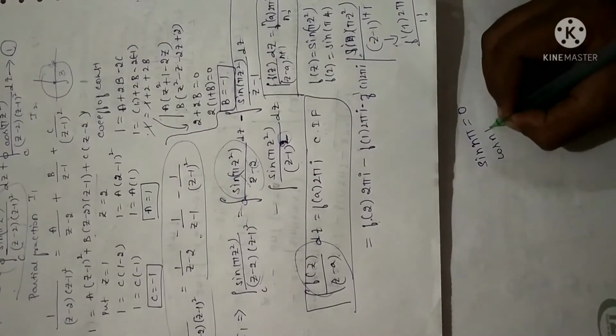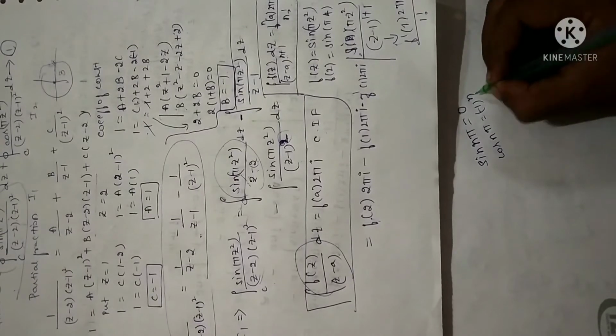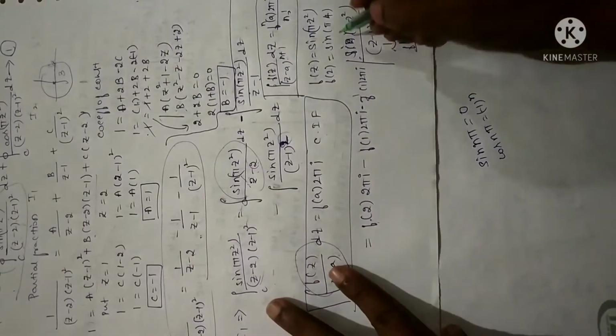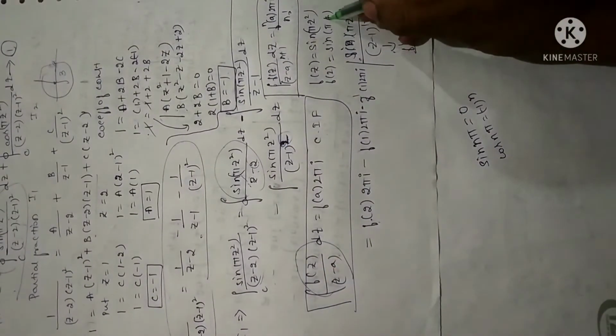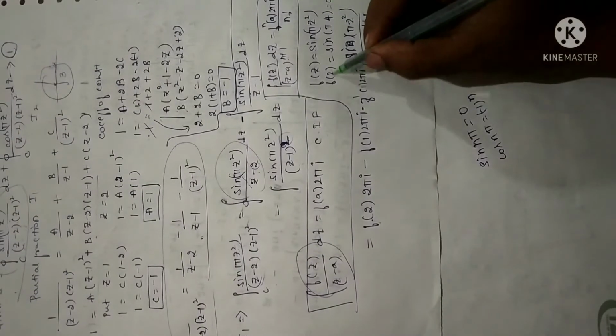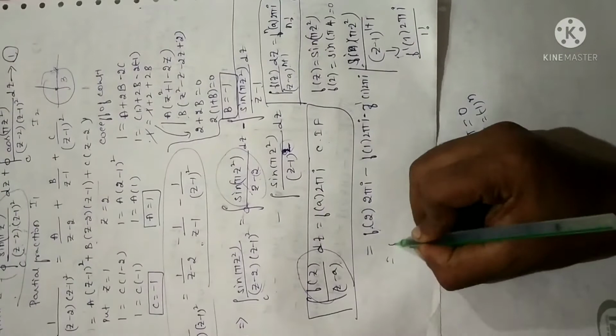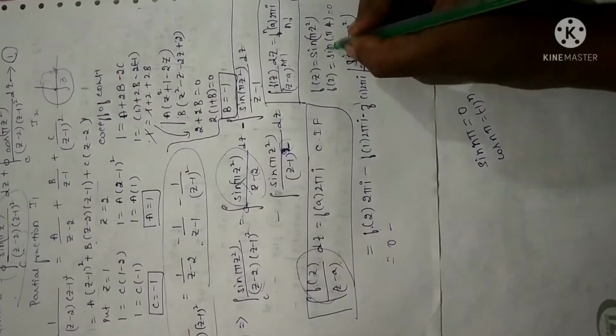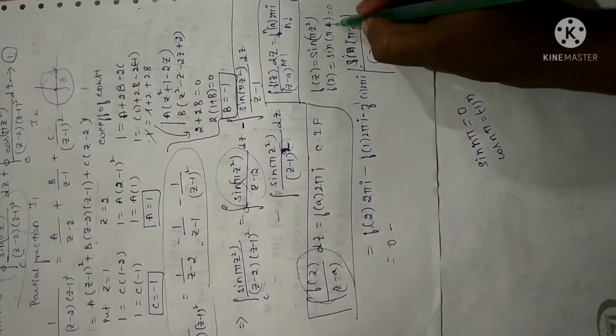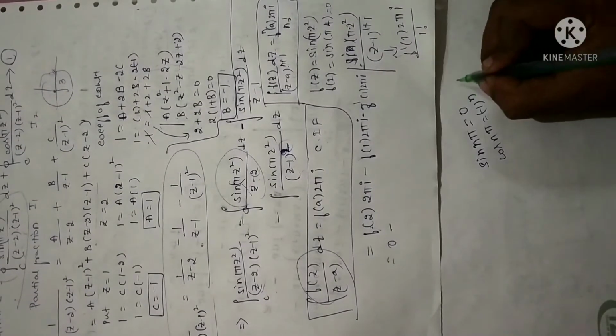Similarly, cos n pi is equal to minus 1 power of n. Remember these two values. Now sine n pi, n in the sense 4, so the 4 pi value is 0. So the f of 2 value is 0, and 0 into anything will be 0. Minus, f of 1 value I need. When you put it here in place of z, 1, f of 1 will be, let me write here.